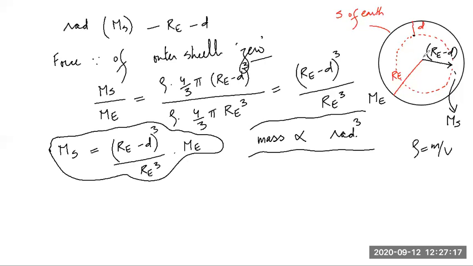If we talk about Earth taken as a whole of mass Me, then we will take Re as the radius.